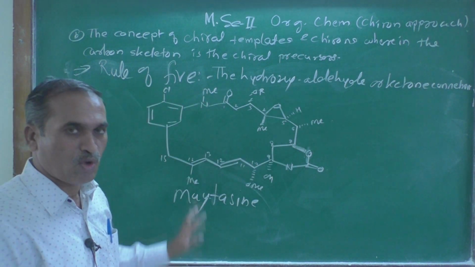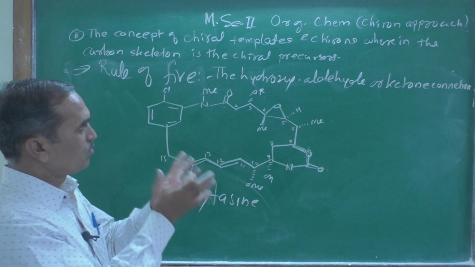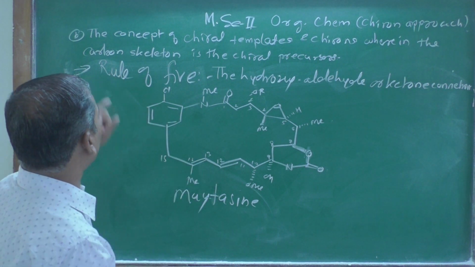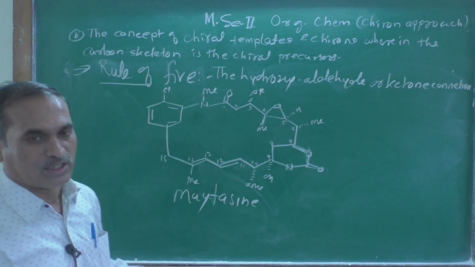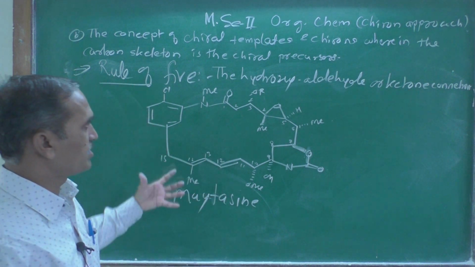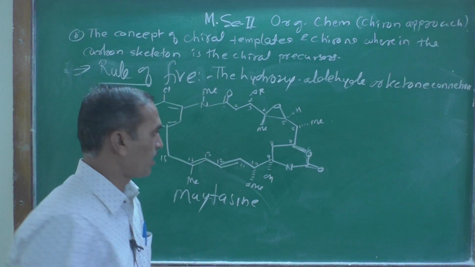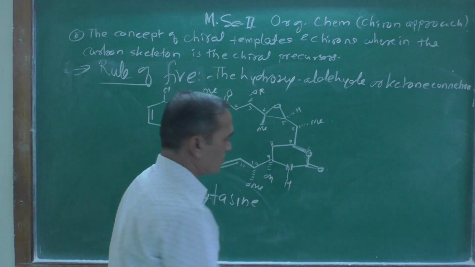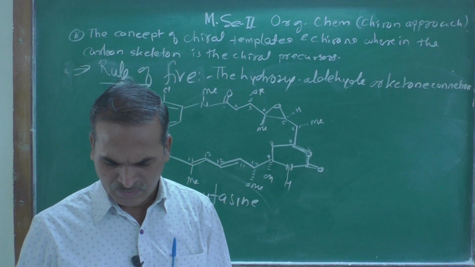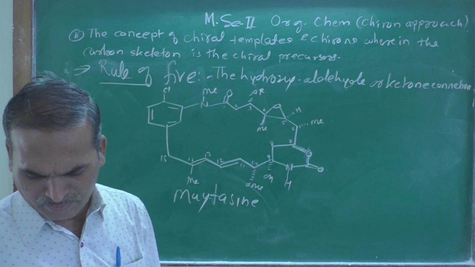This is one of the complex molecules. How can we recognize and apply the rule of 5 for this target molecule, that we are going to learn here. Here is an H, and what is that?